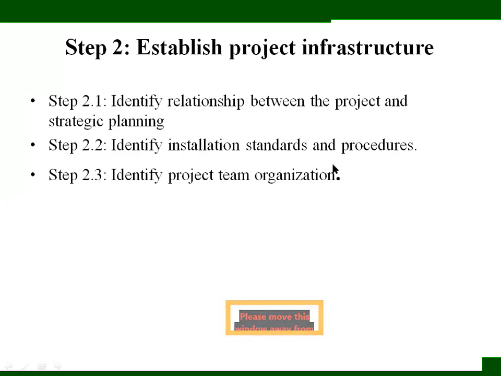In some projects we work on networking, maintaining routers, so we need network experts. So we split the team into two parts, coding experts and networking experts. These three steps are related to establishing project infrastructure.